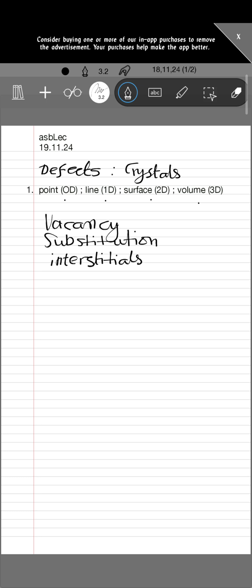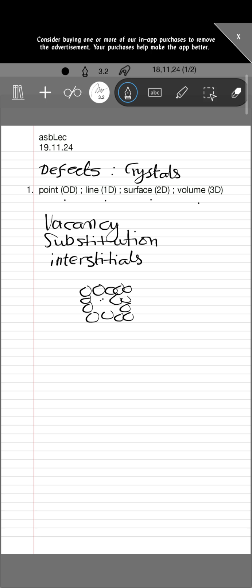That means if we have atoms periodically arranged in this fashion, and suddenly there is absence of say one atom here, like in this case this position is vacant, so this comes under vacancy.